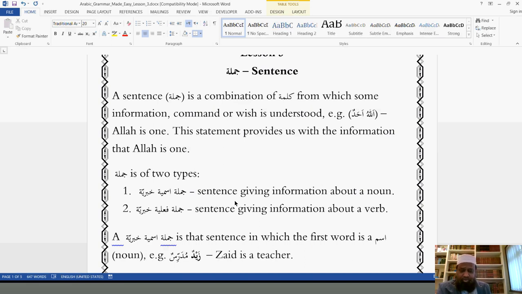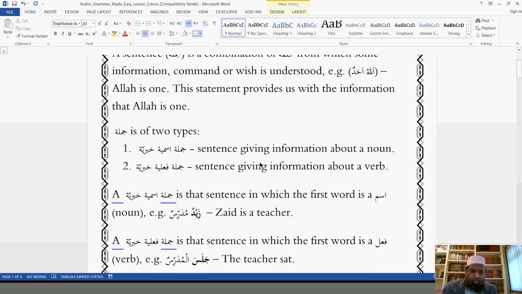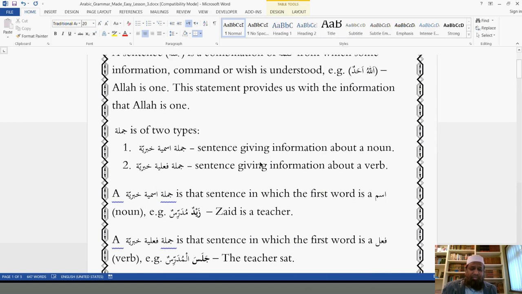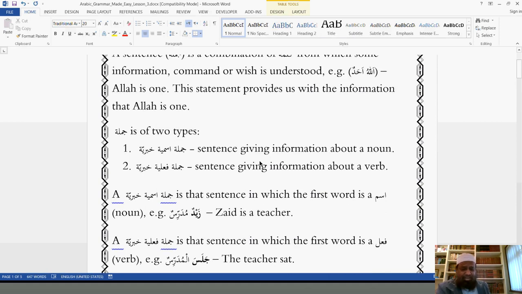In this sentence we can see the first word is an ism. Zaid is a teacher. جملة فعلية is that sentence in which the first word is a fail. Example, جلس المدرس. Over here we see جلس is a verb.